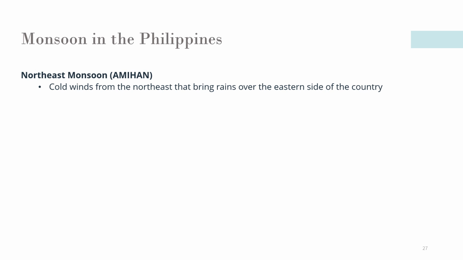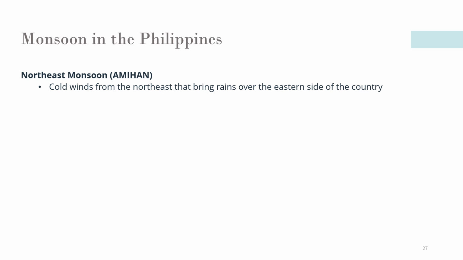So this is the northeast monsoon in the Philippines. One of the prevailing winds is what we call the amihan. This brings rain over the eastern side of the country because it's coming from the northeast.